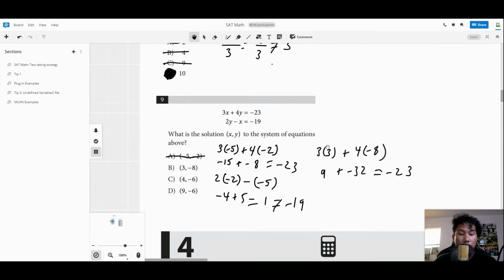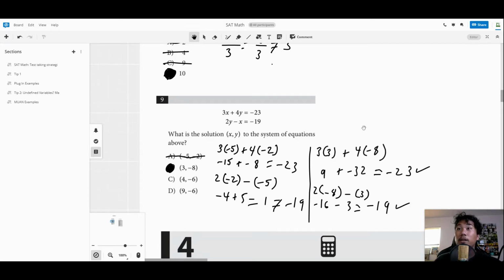And let's try the second equation. 2 times negative 8 minus 3. So 2 times negative 8, that's negative 16. Minus 3, that gives us negative 19. That checks out and that checks out, which means that B is my answer.